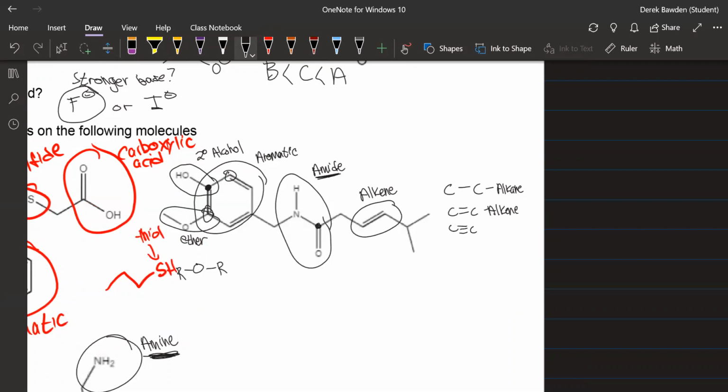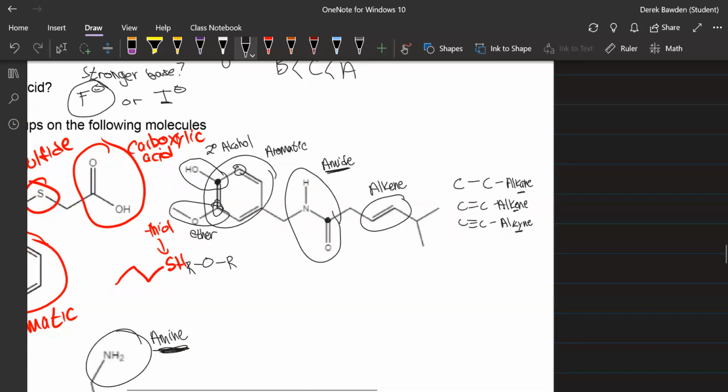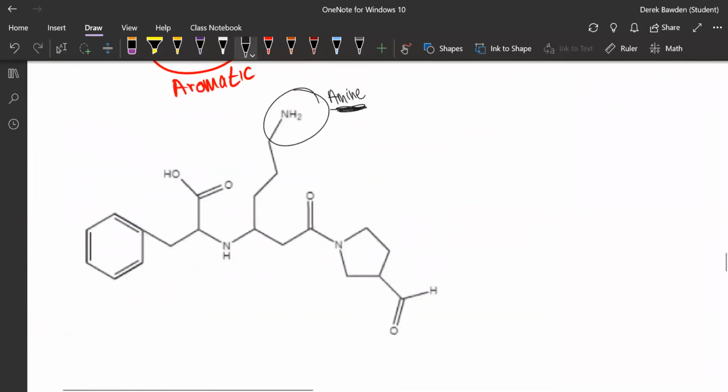C triple bond, alkyne. And those go in alphabetical order. Alkane is single bond, alkene is double bond, and alkyne is triple bond. I don't think he's going to test you on it for this exam, but just be aware of those in case he brings it up. All right.